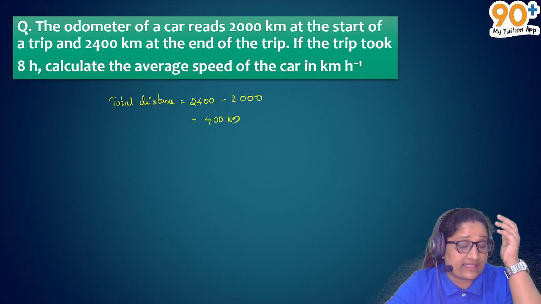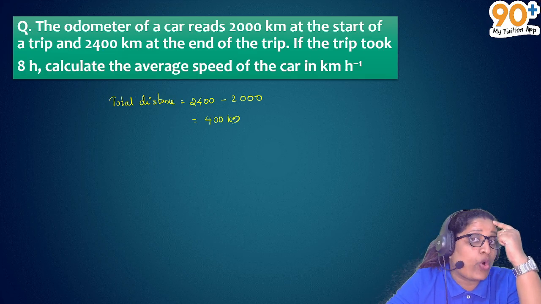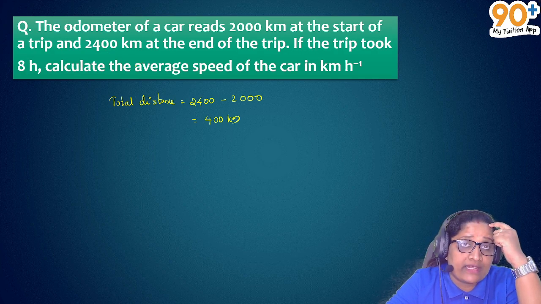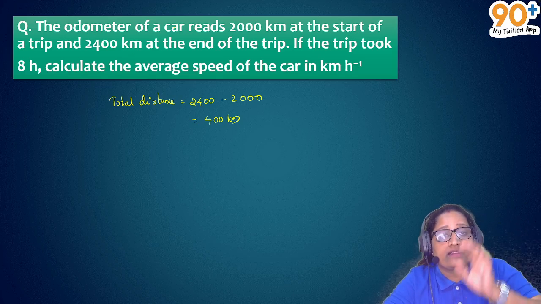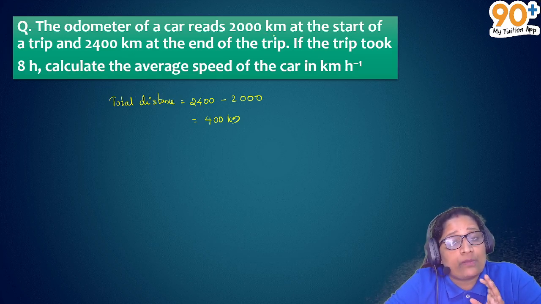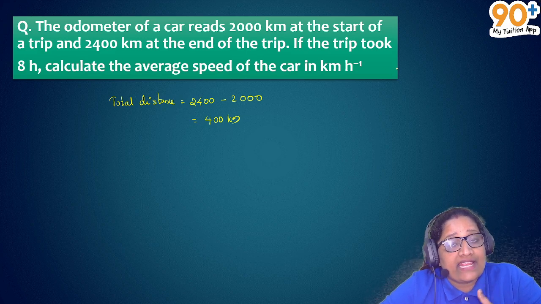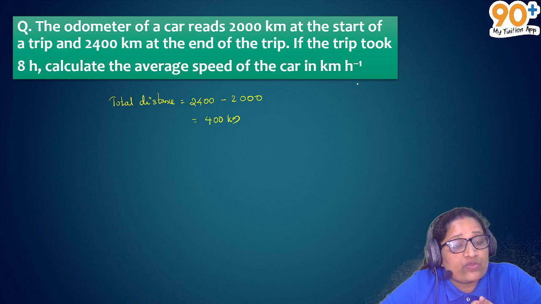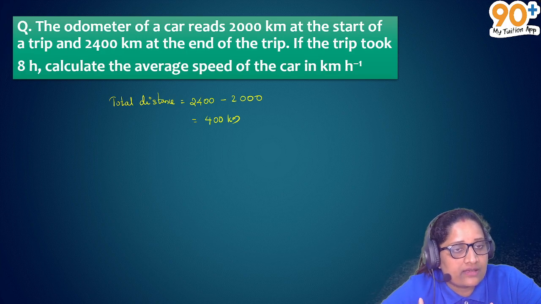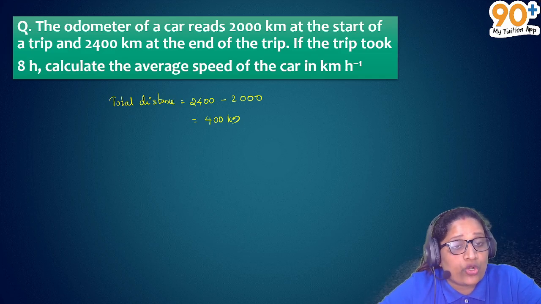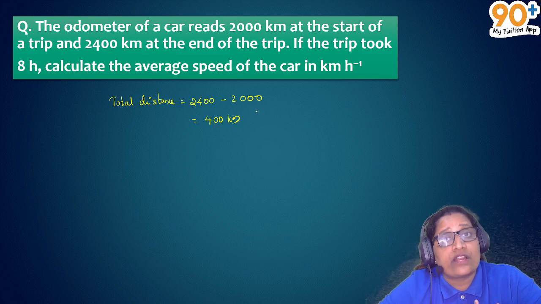See, that is why I told you it's the odometer, not the speedometer. The speedometer shows speed. The odometer of a car reads 2000 kilometer at the start, so when he started the journey it was 2000 kilometer. Then at the point when he finished his trip, it read 2400. So the total distance he covered is 400 kilometer.